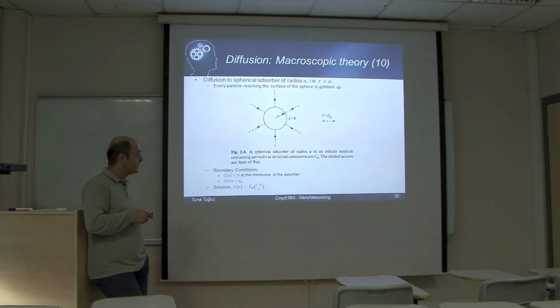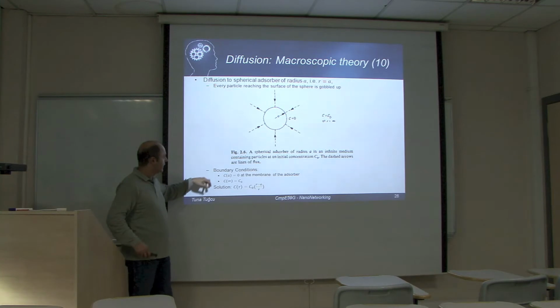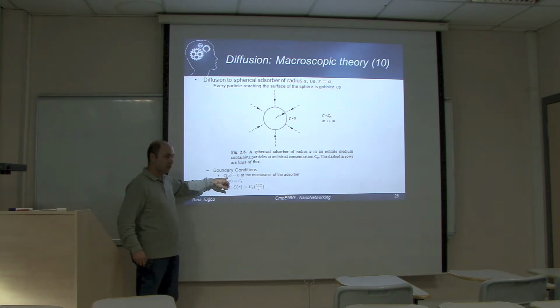And at some faraway distance, that means the source, the concentration would be some C0, whatever it is, some initial value. Okay? So the boundary conditions are at C of a, which is the surface. The distance is measured from the center.